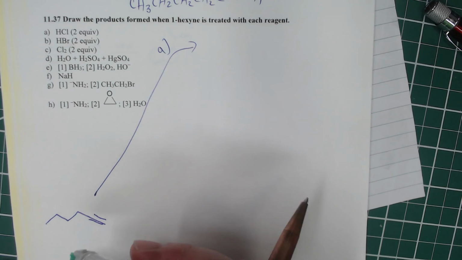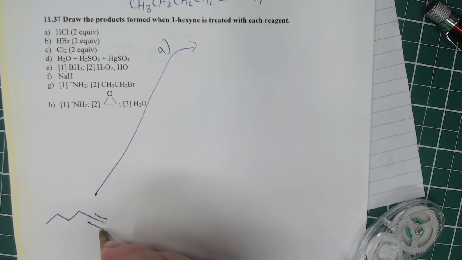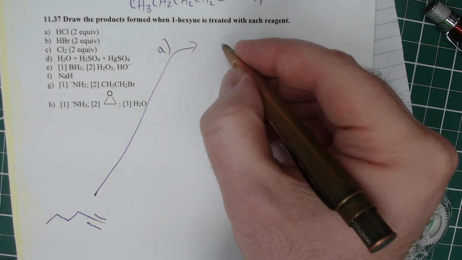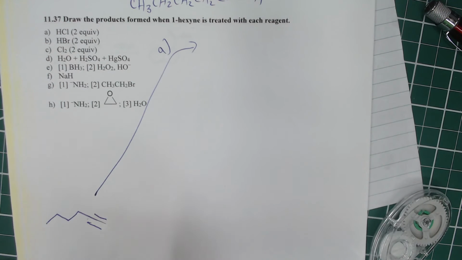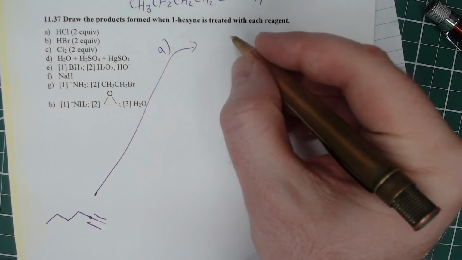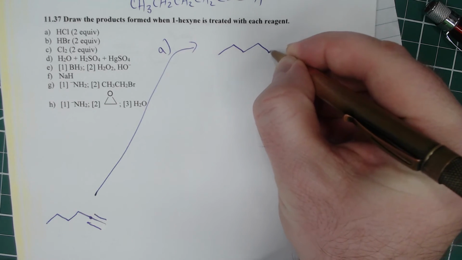All right, this is sort of bugging me, so I'm going to see if I can fix this. There we go. Maybe that's not that great. We're going to do Markovnikov addition 2 times across this carbon-carbon bond, and so that's a carbon as well. So 1, 2, 3, 4, 5, 6. And so Markovnikov addition, hydrogen will go to carbon 1, and the chlorine will go to carbon 2, and we'll do that twice. And so we will get 1, 2, 3, 4, 5, 6.